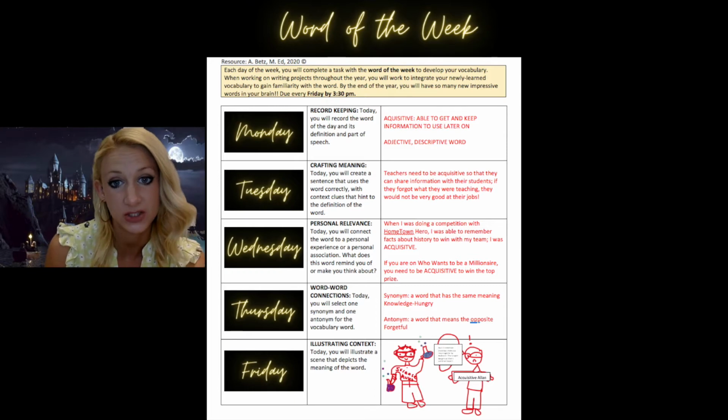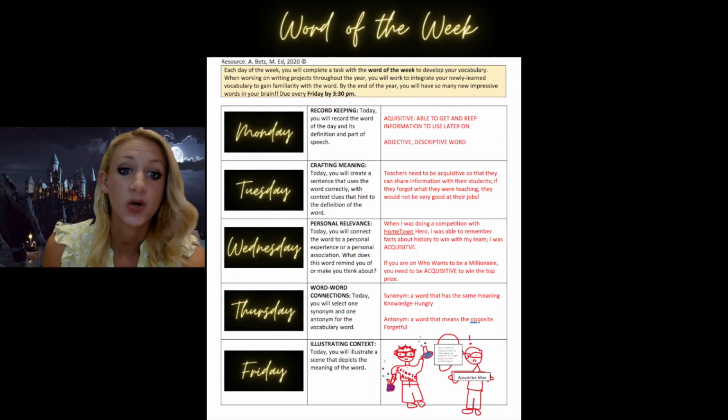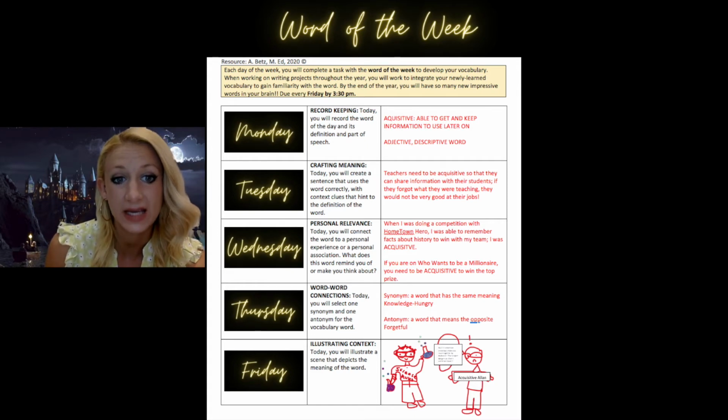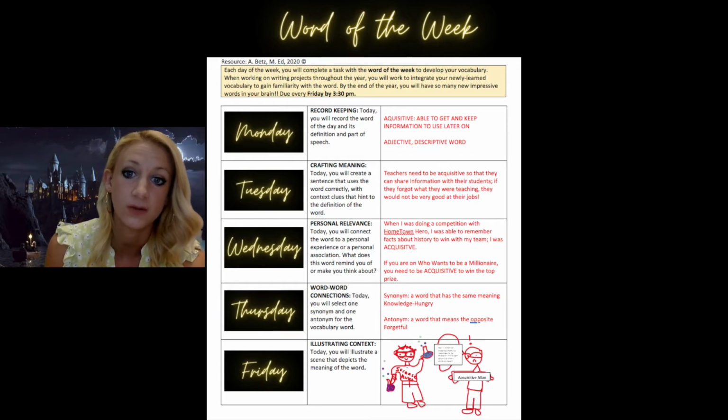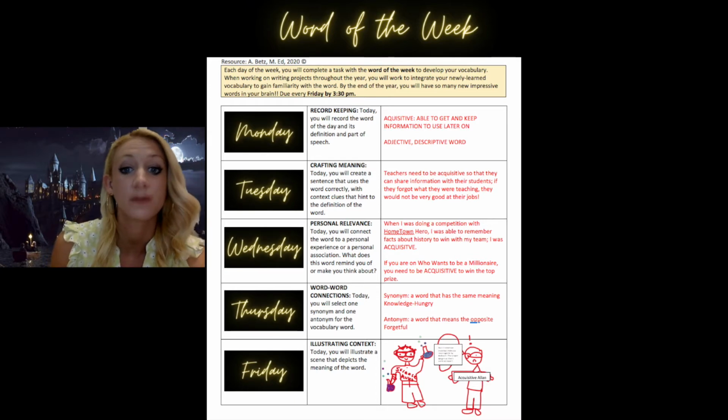its part of speech. So for the model, this one here, our first word is acquisitive. It's able to get and keep information to use later on. And it's an adjective, which is a descriptive word. So that means someone can be acquisitive. They are able to remember information they've learned and apply it.